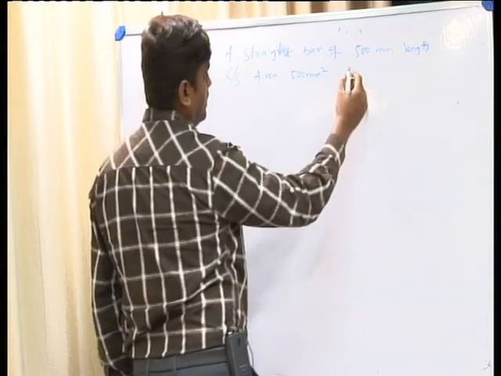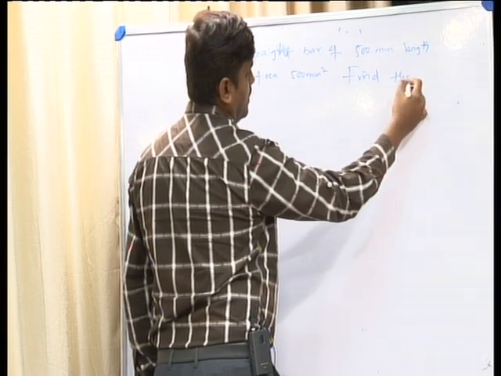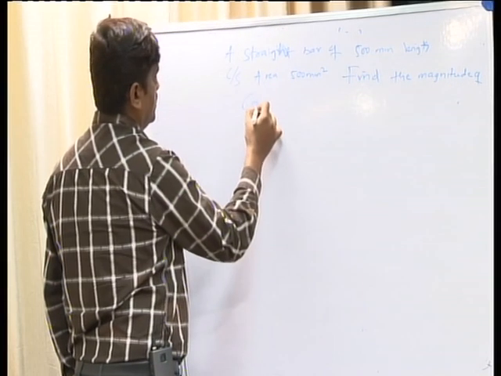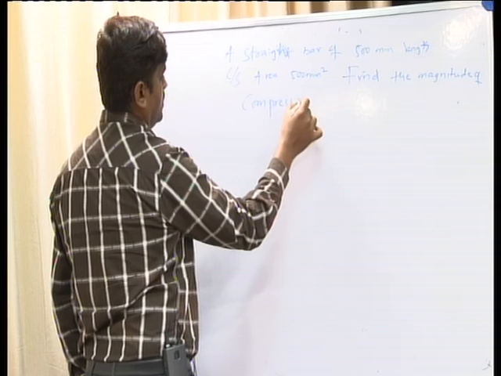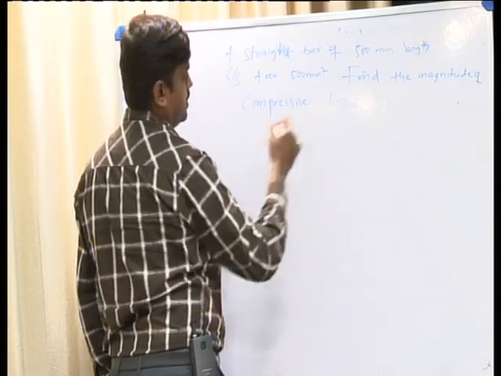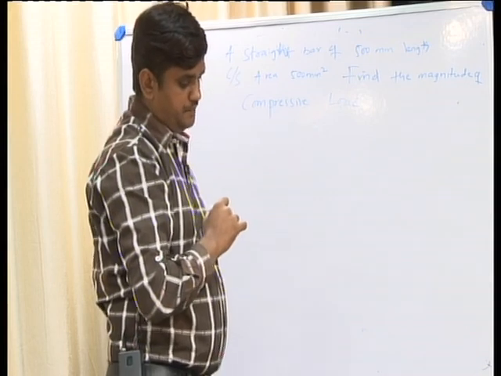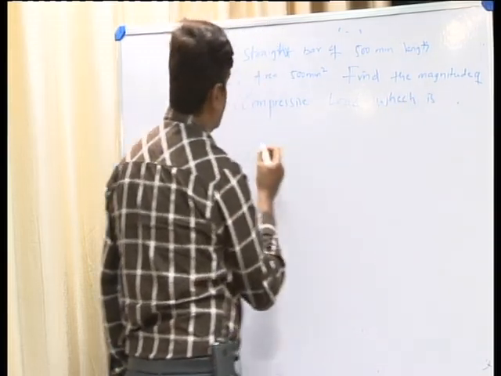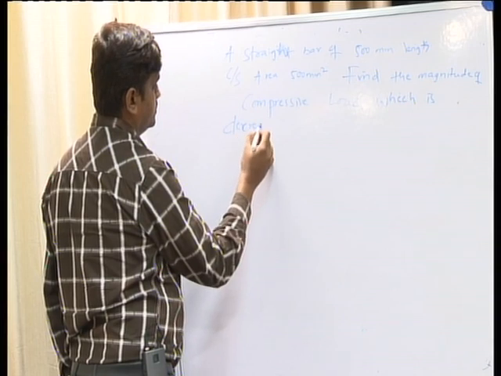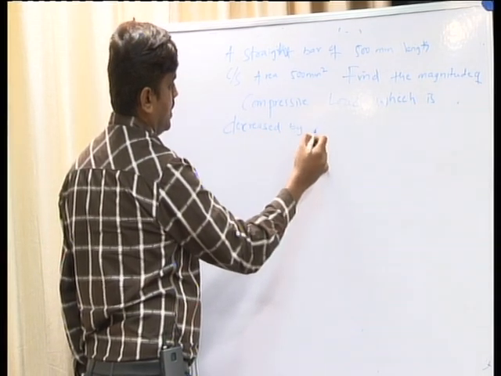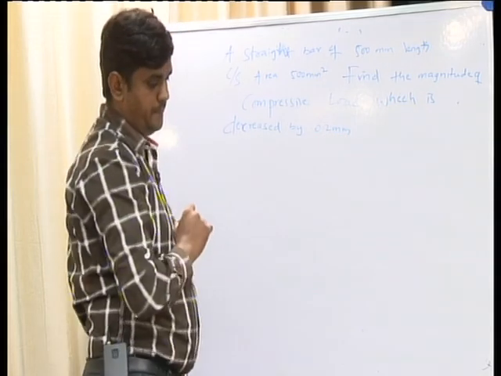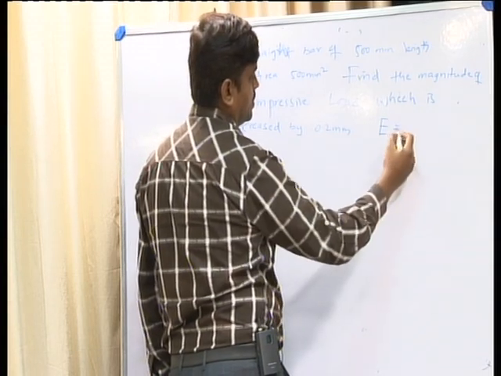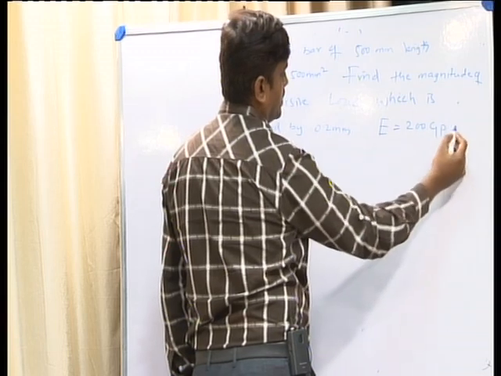Find the magnitude of compressive load, which is decreased by 0.2 mm, and E is equal to 200 GPa.